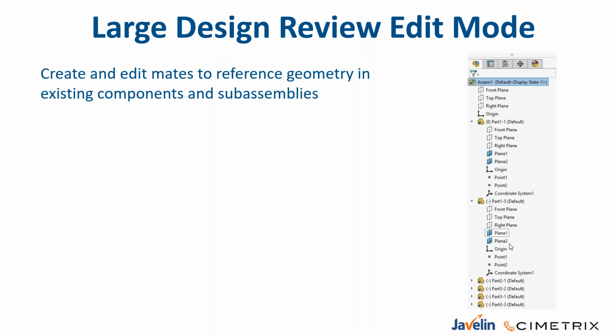Now in SOLIDWORKS 2020, we're actually able to expand those subcomponents, those subassemblies, and we can take advantage of all of their reference geometry. We can take advantage of any points that we've created. So this is really convenient if you have points set up or say coordinate systems set up in those components for mating purposes. You're now able to take advantage of that fully.